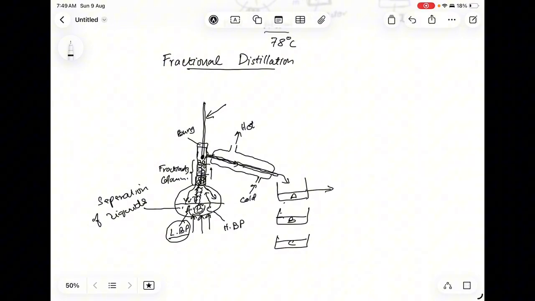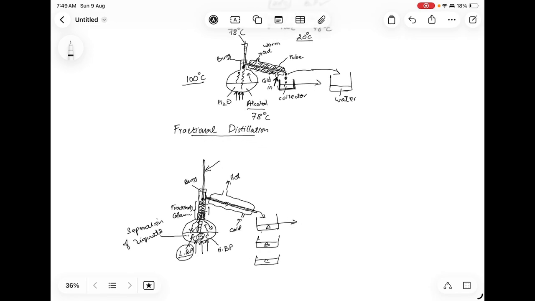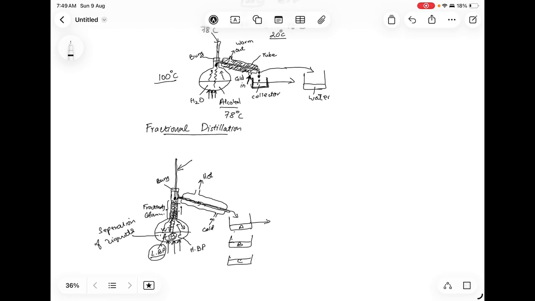So this is how fractional distillation is different from simple distillation. It has the fractionating column, which basically makes the biggest difference. What it does is it doesn't allow any other molecules to pass through, except for those molecules whose boiling point has already been reached.